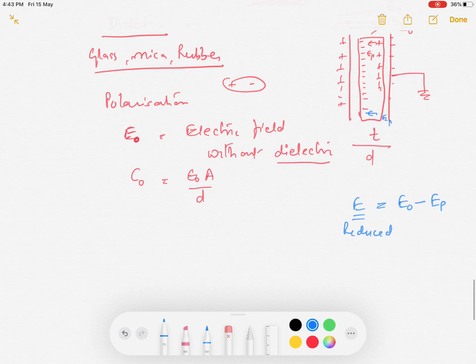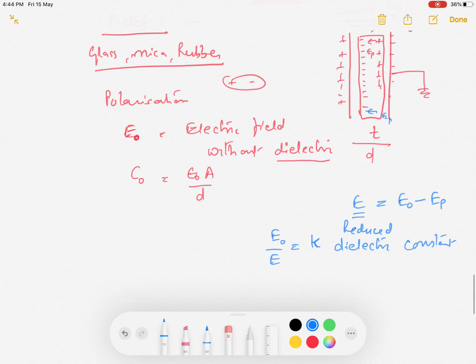The net electric field is reduced due to placing of this dielectric. The ratio of E0, the initial field without dielectric, divided by the reduced value of electric field, is called the dielectric constant. It is also known as relative permittivity.